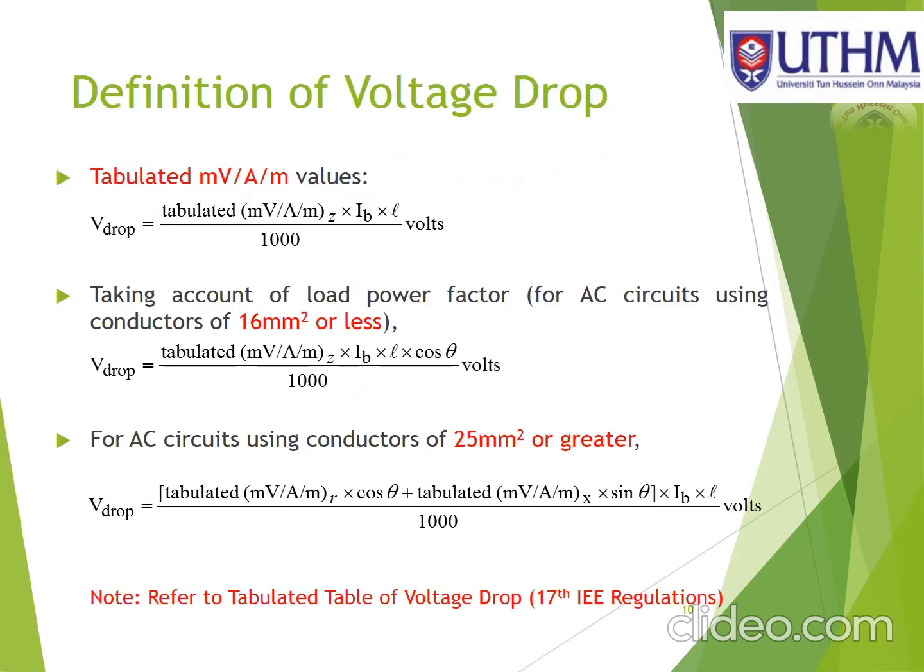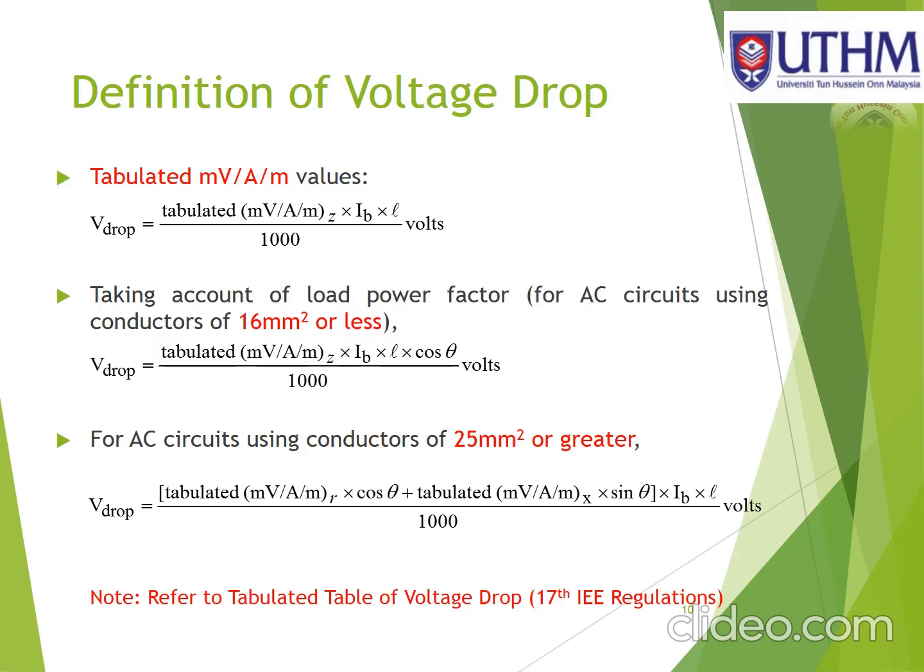Next we go to the second method to calculate the voltage drop. For this method we have to use tabulated mV/A/m values. We have to refer to this table to get the voltage drop.